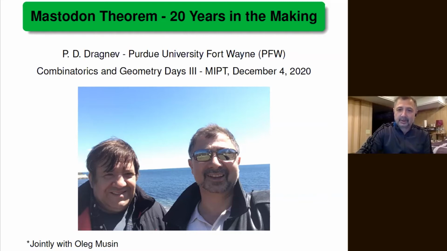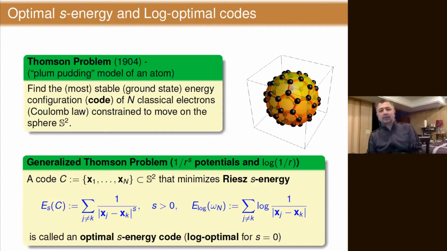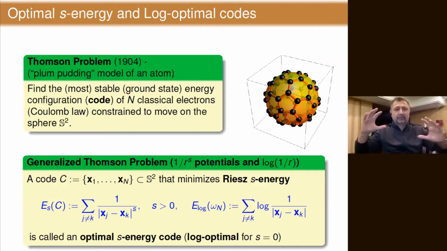So let's get started. The Thomson problem dates back to the beginning of the previous century, and it's Thomson's vision of the atom as a fixed model. It's sometimes referred to as the plum pudding model of the atom.